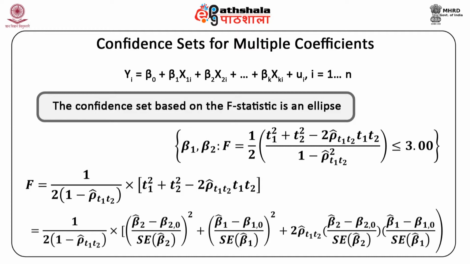Here 3 is the 5% critical value of the F 2, infinity distribution. Now this set has coverage rate 95% because the test on which it is based, that is the test it inverts, has size 5%.